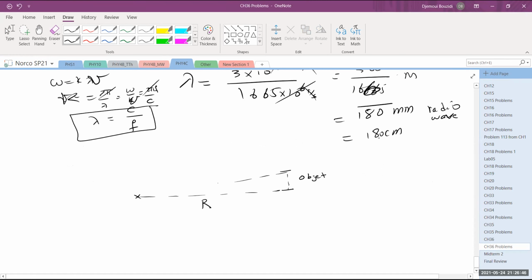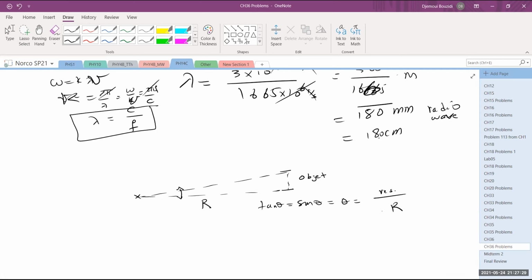Because the angle is very small in this case, the sine of theta or tangent of theta, they are the same, with theta in radians, must be equal to the size of the object, or the resolution in this case, divided by R. Let's call the smallest distance resolution.